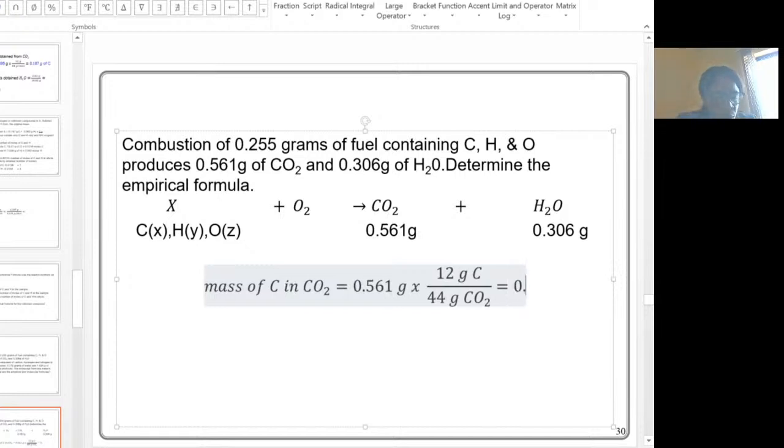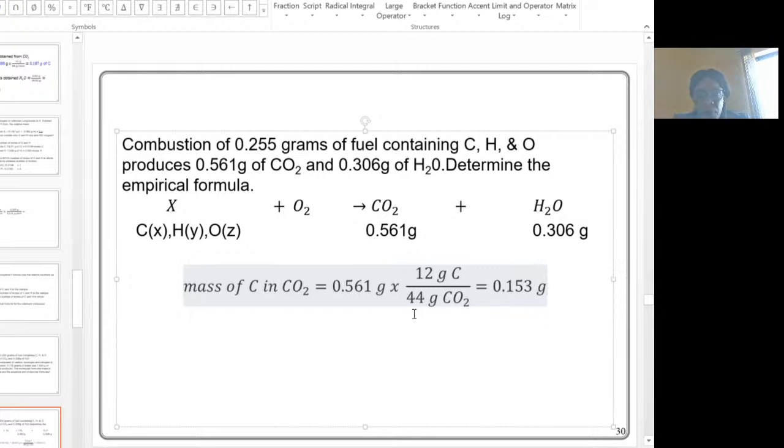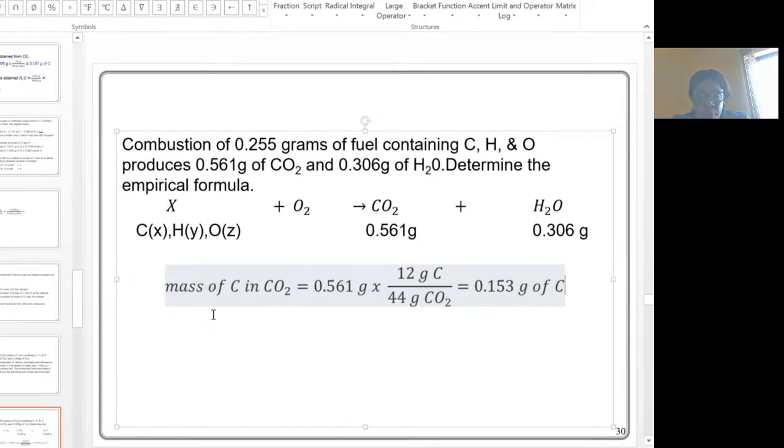You get 0.153 grams. So we have now determined that in 0.561 grams of carbon dioxide, there is 0.153 grams of carbon.